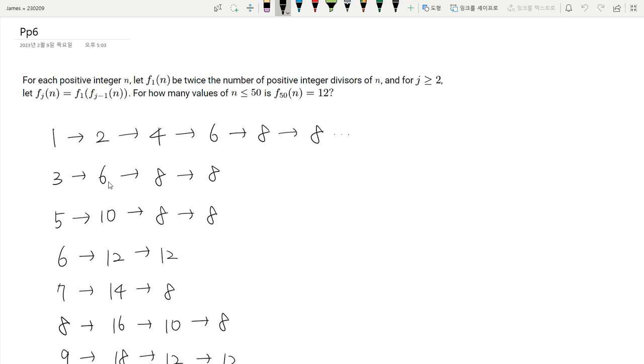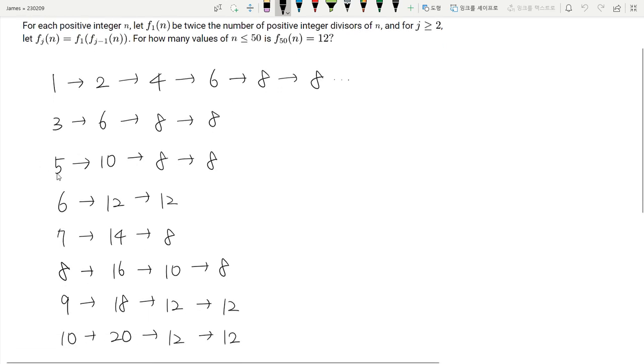So if we meet 8, it's a dead end. And if a number has 4 factors, it follows the path of 4, 6, 8, so not 12. And if it has 5 factors, times 2 is 10, and 10 has 4 factors, so 4 times 2 is 8. So when we meet 8, it's a dead end.